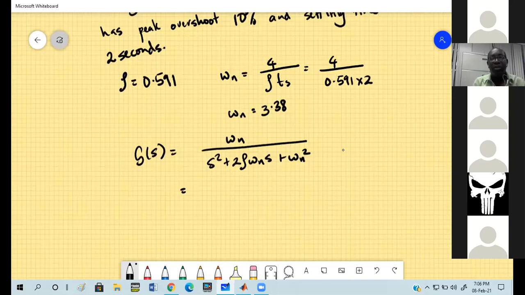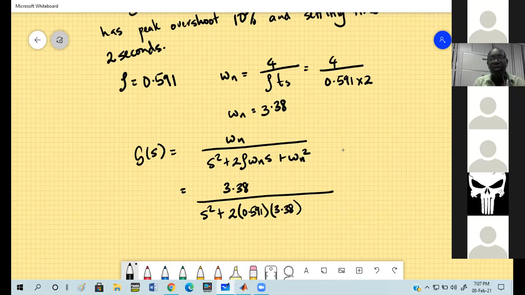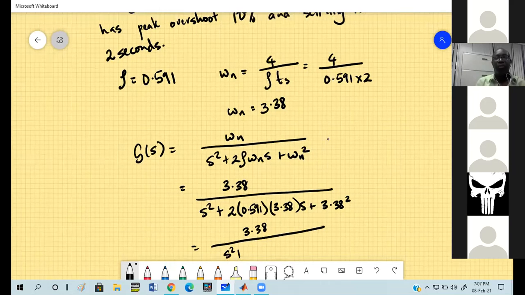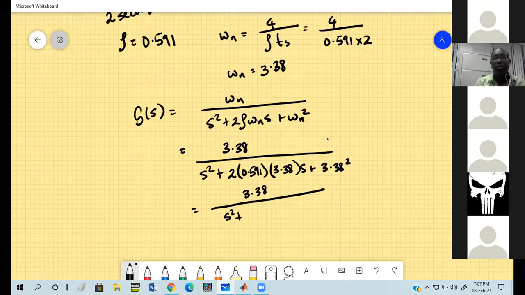So that is 3.38 over s squared plus 2 times 0.591 times 3.38 s plus 3.38 squared. S squared plus 4s plus 11.42.